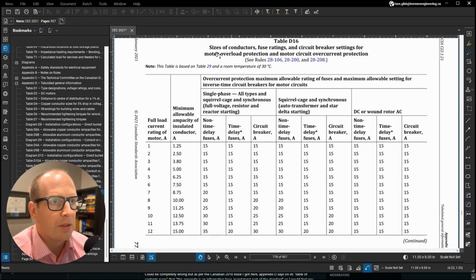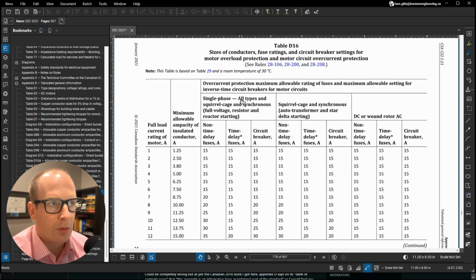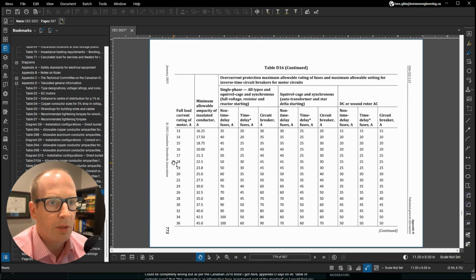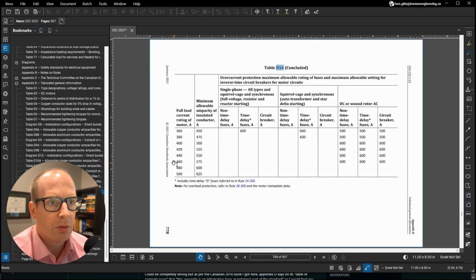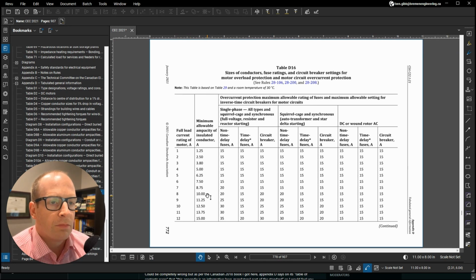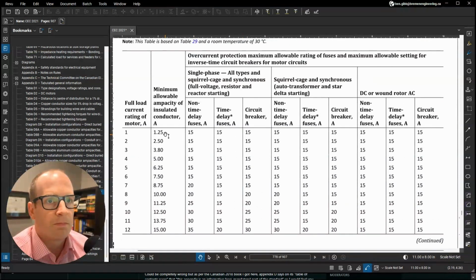So let's go back to D16 and see how the numbers compare. Overcurrent protection maximum allowable rating. So we have our full load current on the left, and we have quite a few pages here. It goes up to 500 amps. Minimum allowable ampacity of the conductor.